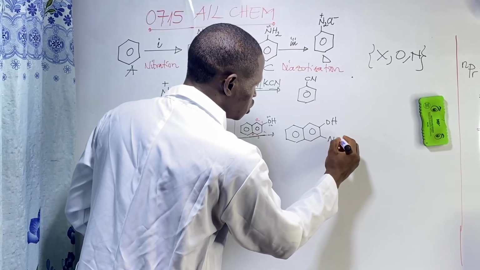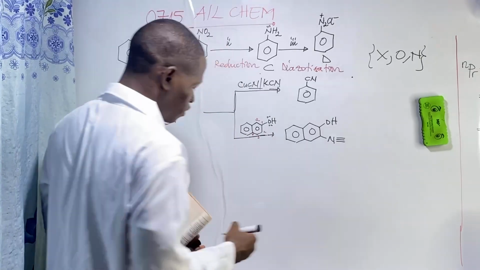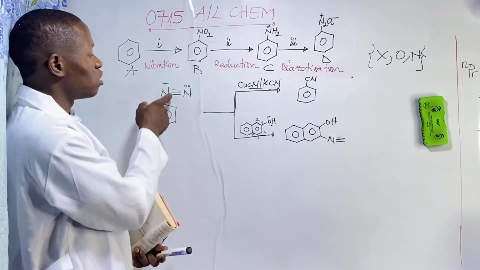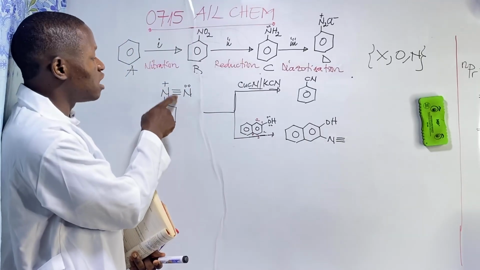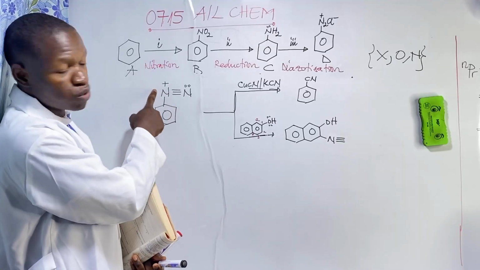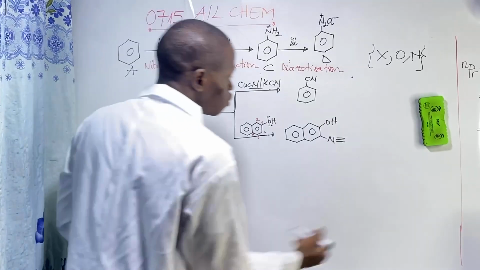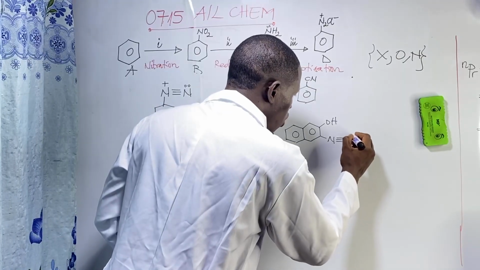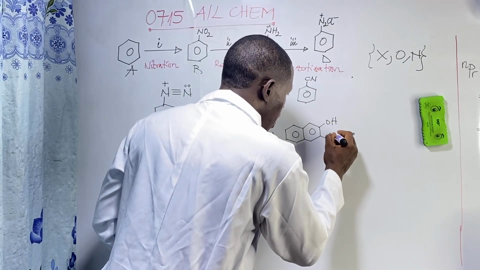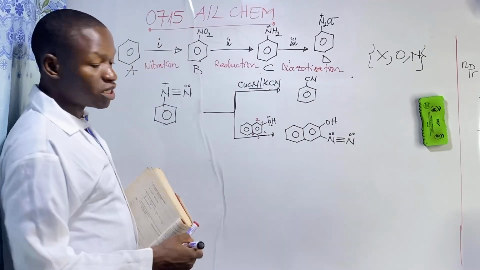Then the triple bond, right? While there's bond formation, one of the pi electrons in the triple bond will migrate to occupy the vacant orbital on nitrogen. So the nitrogen will now possess its lone pair, and this one, right, already had its lone pair.